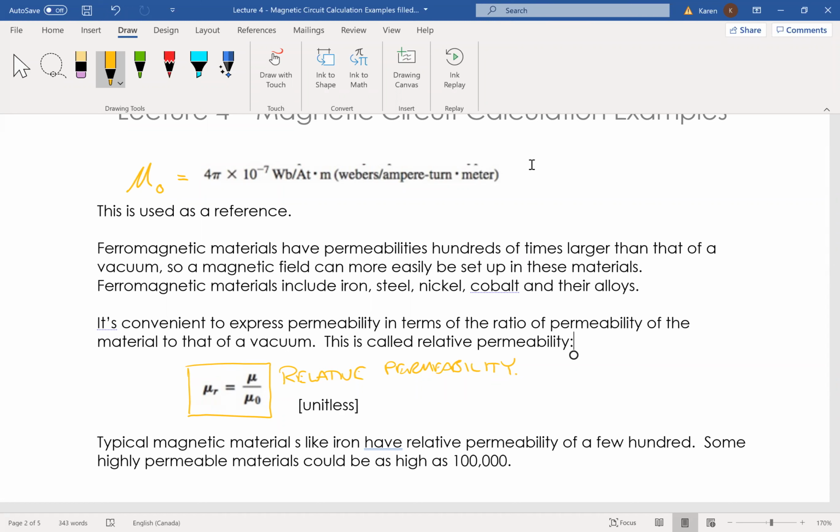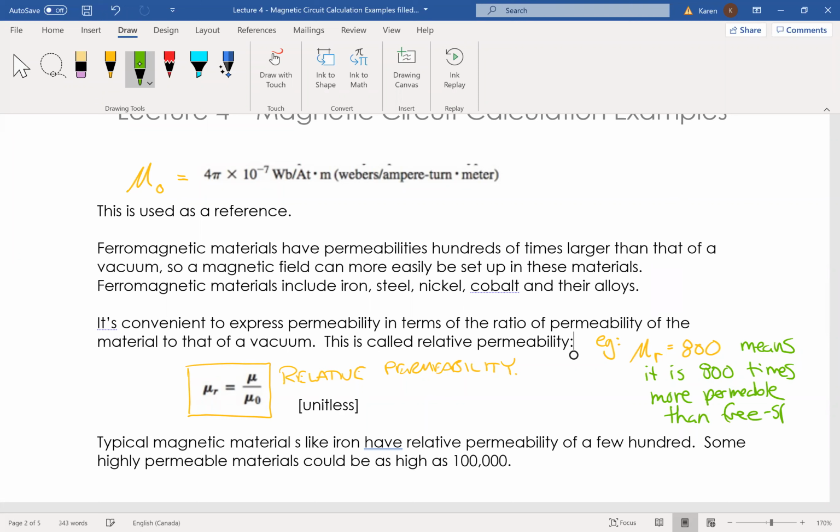Relative permeability is 800, then this means it is 800 times more permeable than free space.